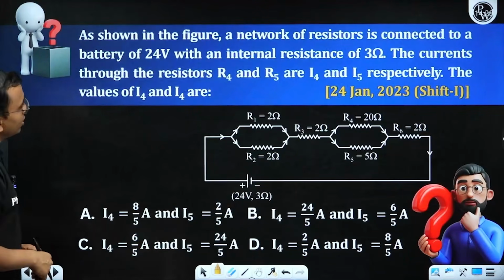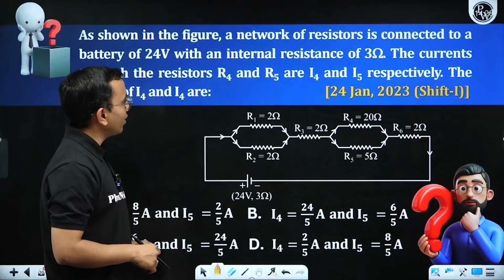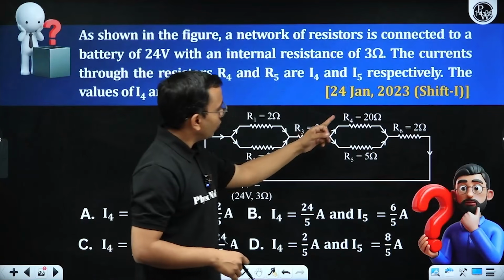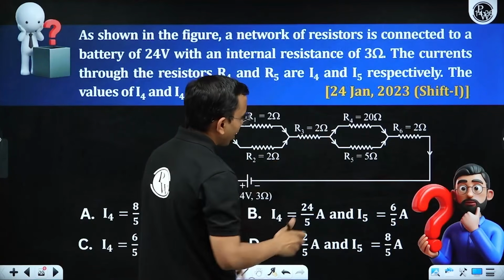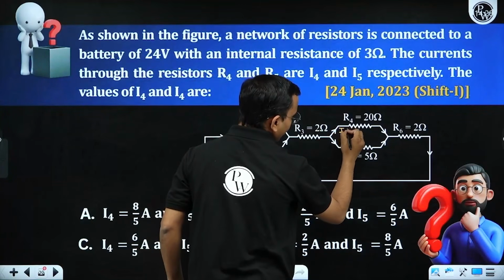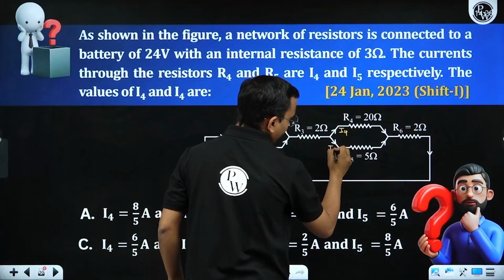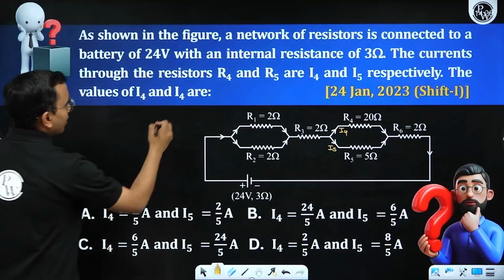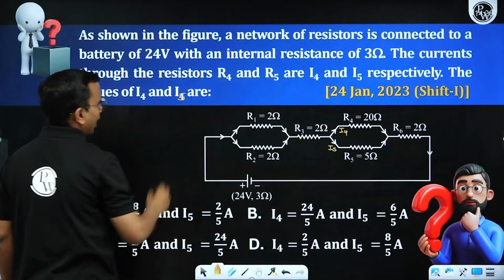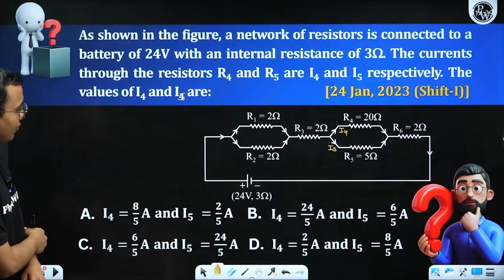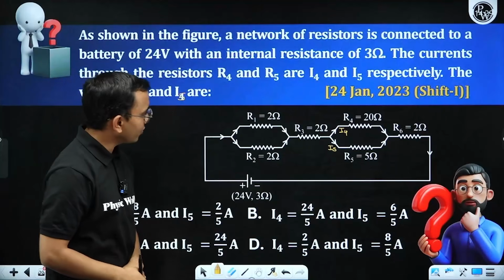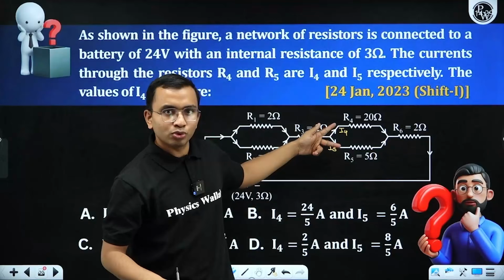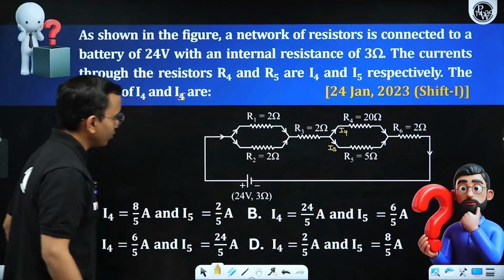The currents through the resistors R4 and R5, I4 and I5, we need to find. First of all, let us find the total current, because that total current is divided into two parts here.